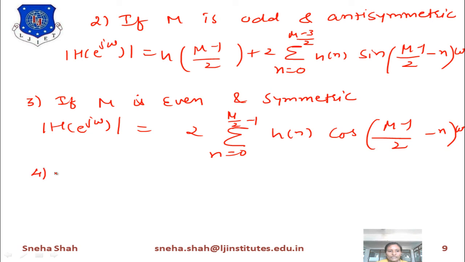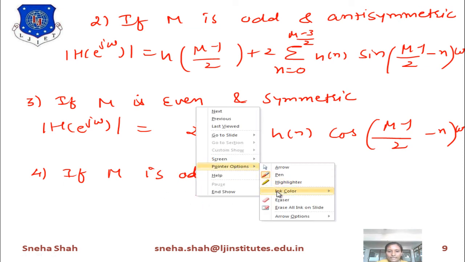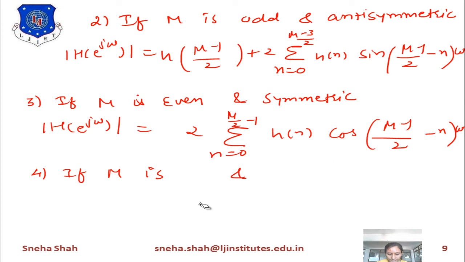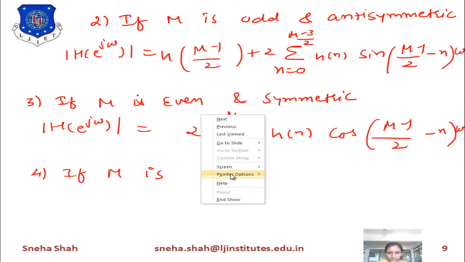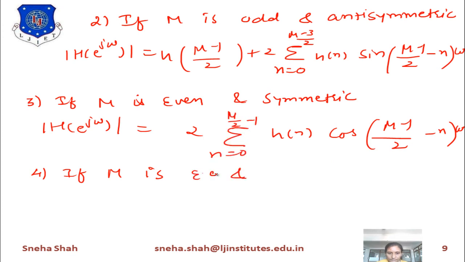Similarly, the last condition is if m is even and antisymmetric, then instead of this cos we take the sine value.